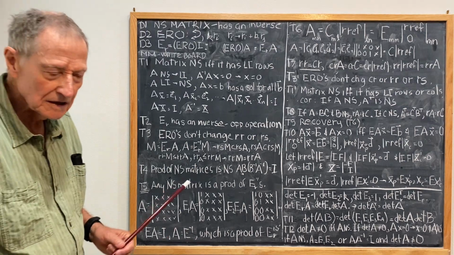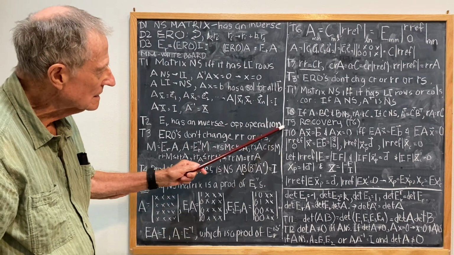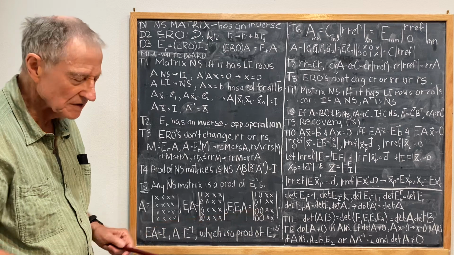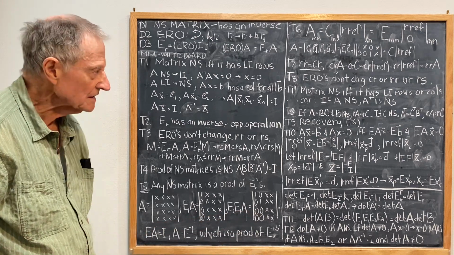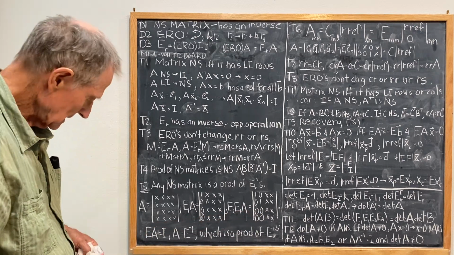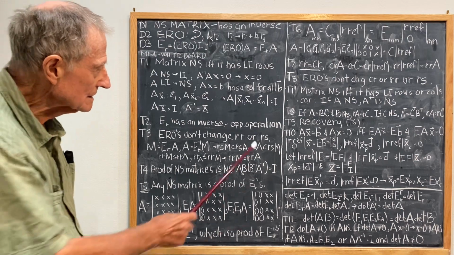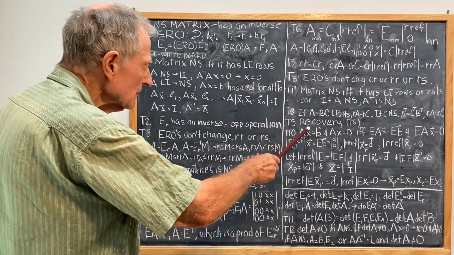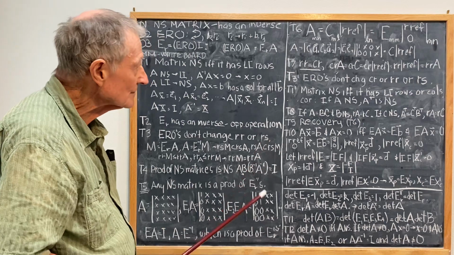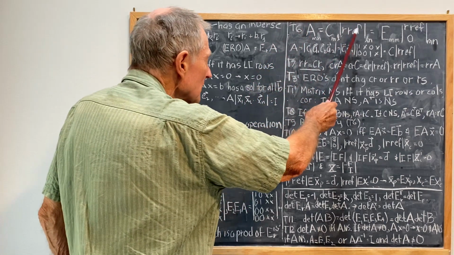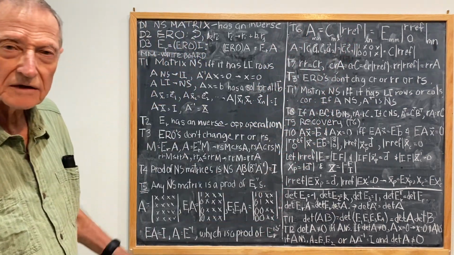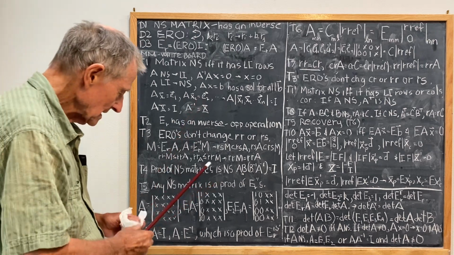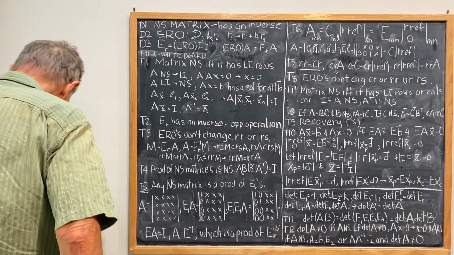Now, this is an important theorem, C9, which I had trouble finding on the internet, and that is the recovery theorem, which asks: given the rref, what is the matrix A that it came from?